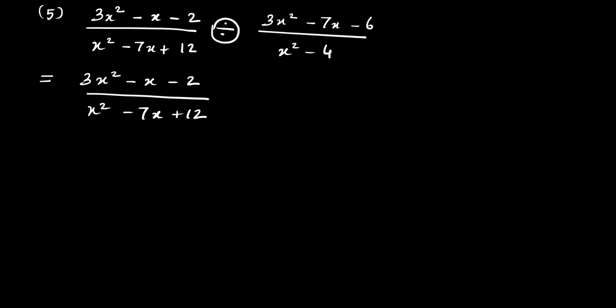But when there is division, we'll make it multiplication and we will make this ulta, or in math we call it reciprocal. So what will I have to write here? X square minus 4 upon 3x square minus 7x minus 6. Okay, understood till here?